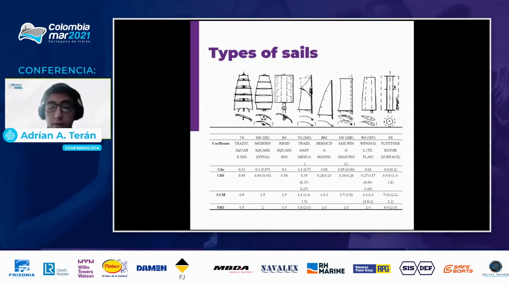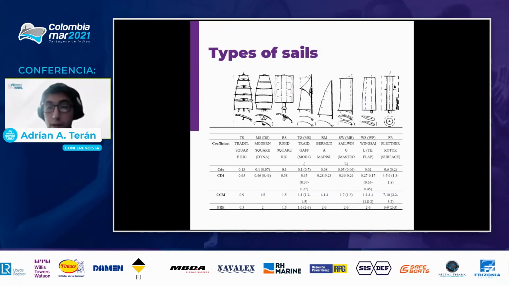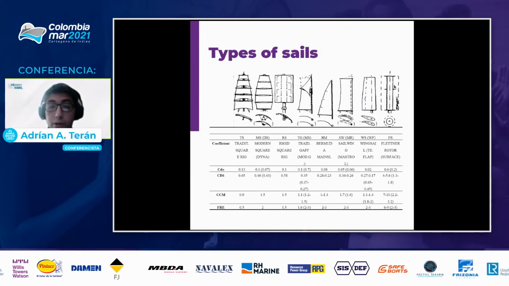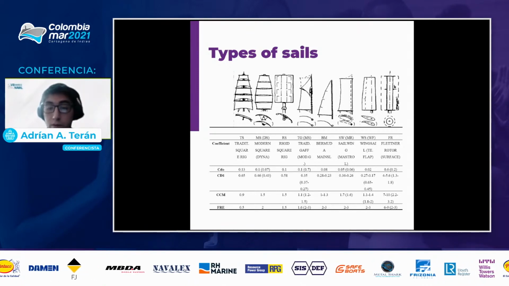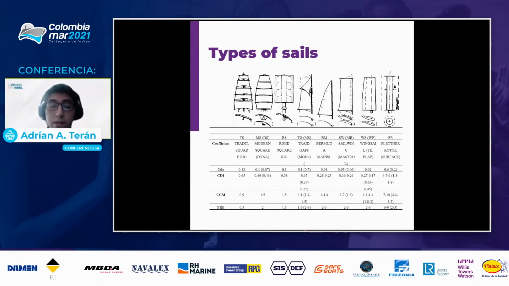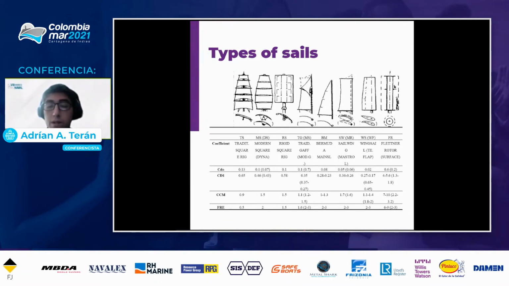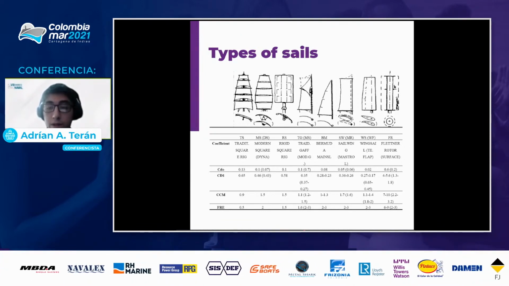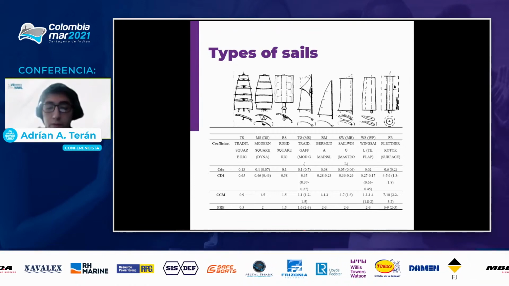Now, we have to talk a little bit about the types of sails available that can be applied to the vessels depending on the type of use required. These sails have streamlined characteristics that can be used in different types of wind.